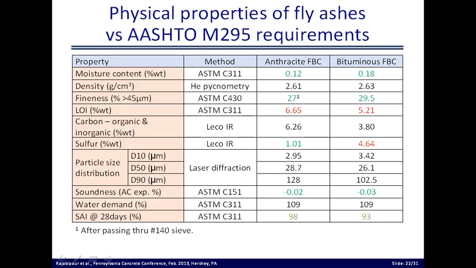We have the carbon content. You see that, for example, for the bituminous FBC, not all of the LOI is associated with carbon. But at the same time, for the bituminous fly ash, the sulfur content is fairly high, which we've seen before.